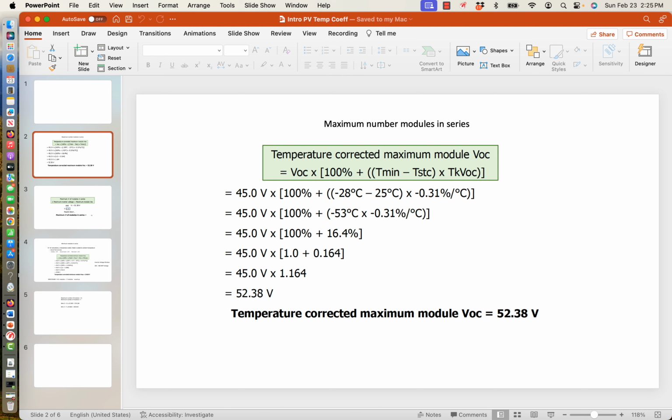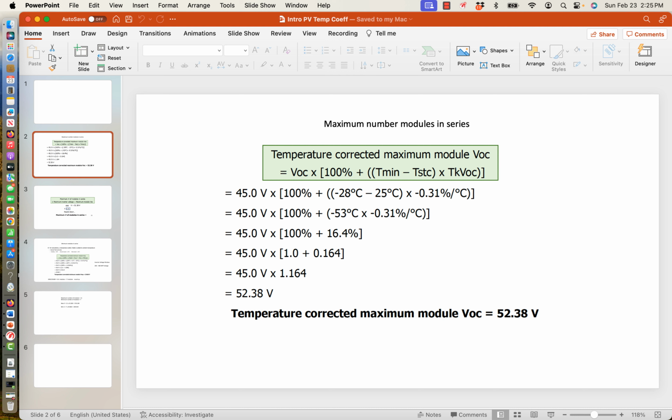VOC times bracket 100% plus parenthesis temperature minimum minus temperature standard test condition times temperature coefficient VOC. So we're going to get the VOC from the data sheet.